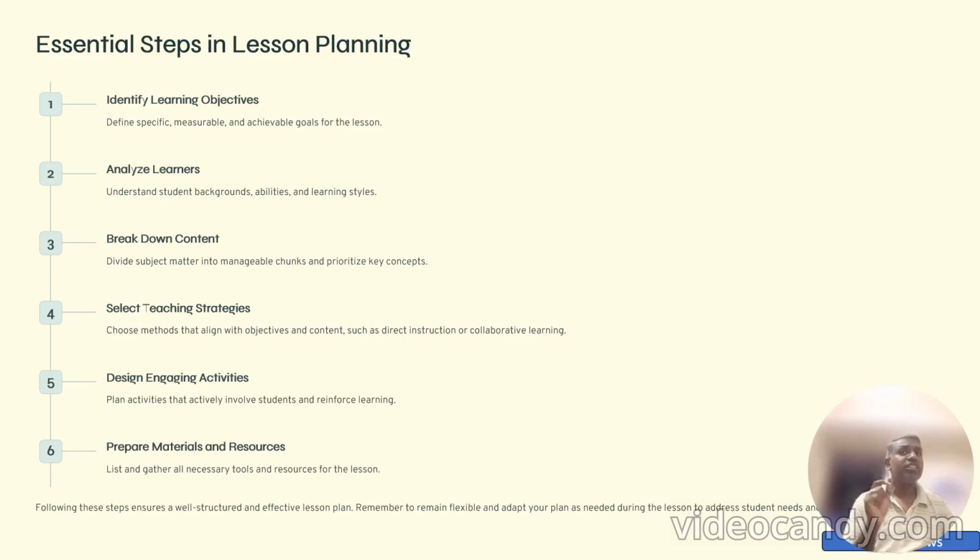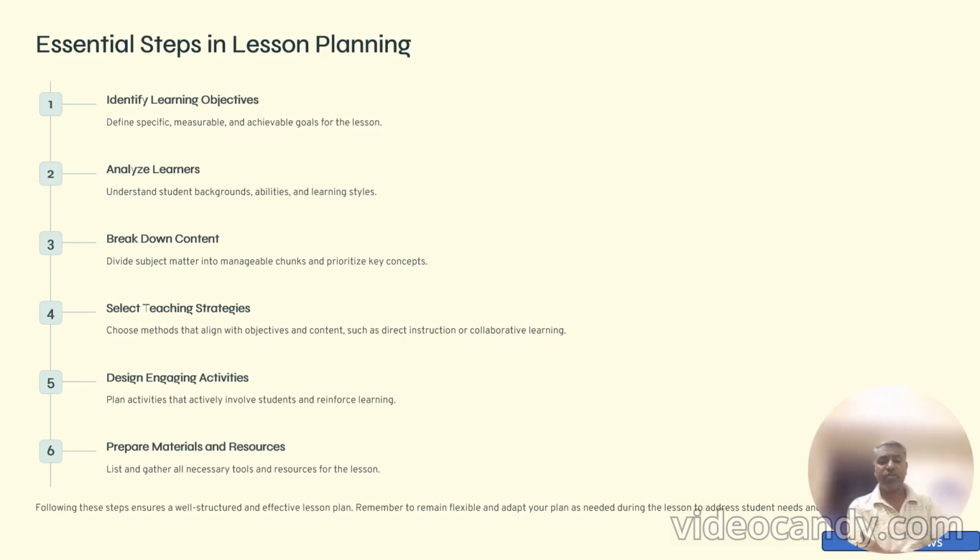The particular reason for breaking down the content is to avoid cognitive overload among the children. The present problem of the student is that they may not be ready to accept overloaded content. So in that way, we have to consider the breakdown of content.